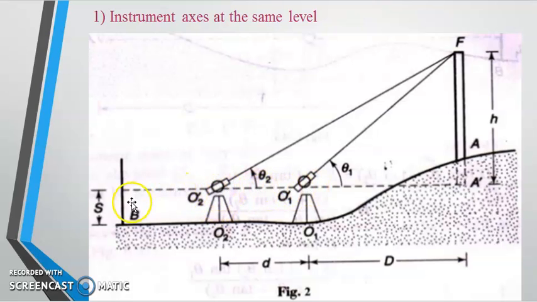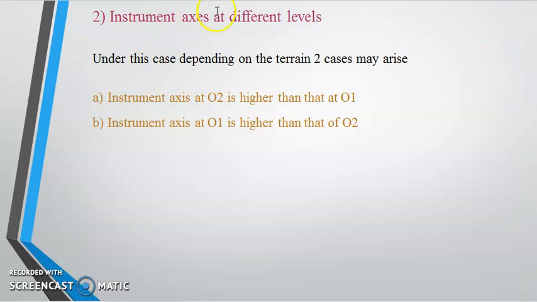That means the backside reading on the staff kept at benchmark is the same reading S from O1 and also from O2. Now going to the next case wherein the instrument axis is at a different level. Again, this particular case is subdivided into two more cases. The first case is instrument axis at O2 is higher than at O1, and the second is instrument axis at O1 is higher than that of O2.